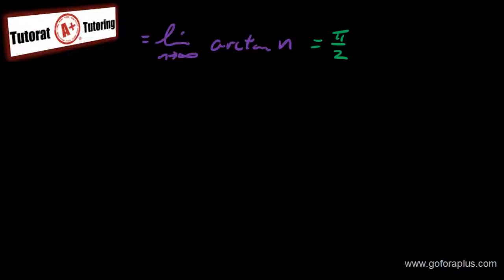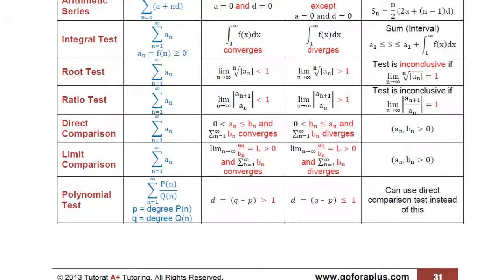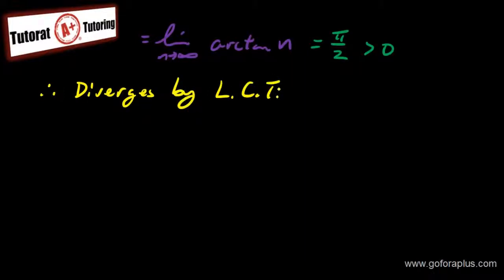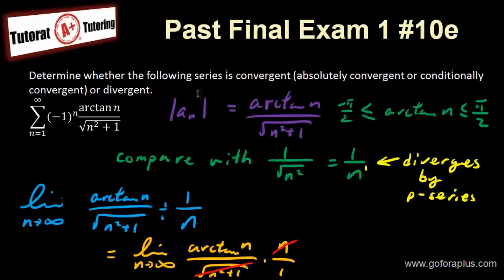So this must be bigger than 0. If this is bigger than 0, it means that, therefore, my series diverges by the limit comparison test. Now remember, what I did is just the absolute value.